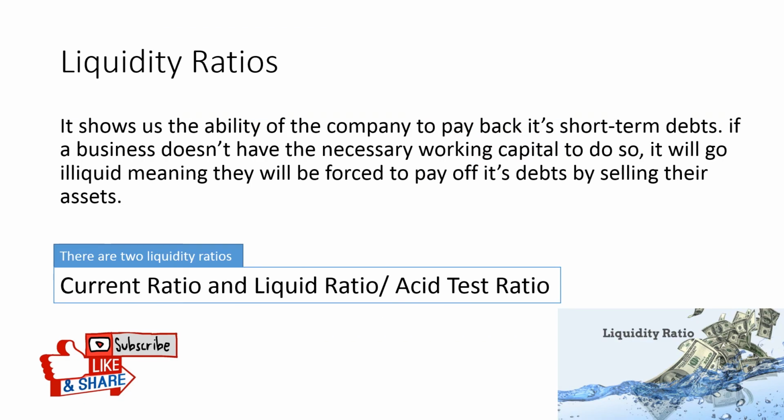Now this is going to take us to liquidity ratios. Liquidity ratios show us the ability of the company to pay back its short-term debts. If a business doesn't have the necessary working capital to do so, it will become illiquid, meaning it will be forced to pay off its debt by selling its assets.